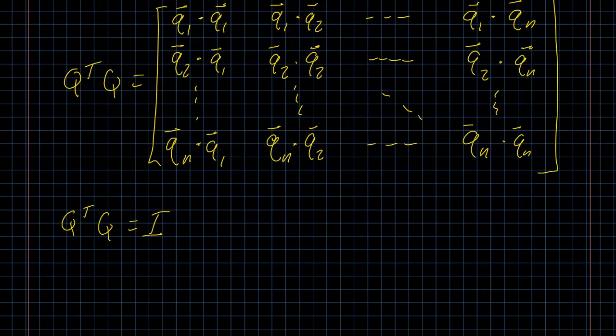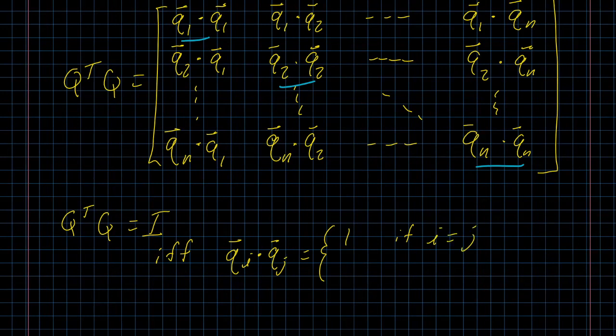Well, looking at what Q transpose times Q means, this is true if and only if qi dot qj is equal to 1 on the main diagonal where i and j are the same, so 1 if i is equal to j, and the identity matrix is 0 everywhere else, so 0 if i is not equal to j.